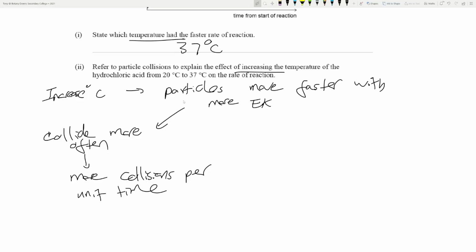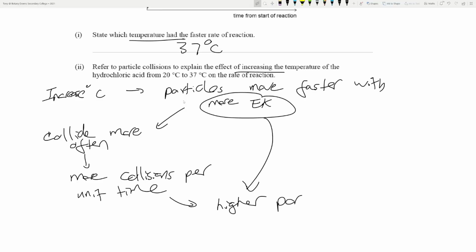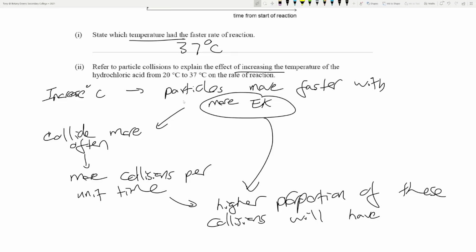Now because they're colliding with more EK, because they have more energy, a higher proportion of these collisions will have a sufficient amount of energy, enough energy to actually cause a reaction.